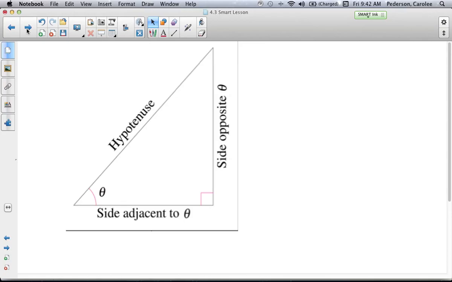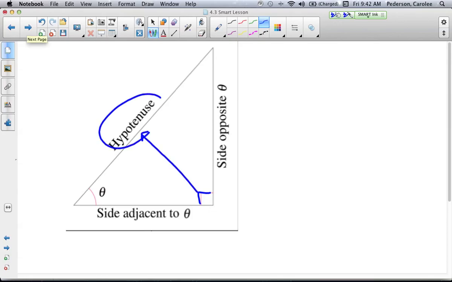The way that I remember the 3 sides is, here is my right angle, so the hypotenuse is always opposite the right angle, which is always the longest side in the triangle too. And then the next thing I remember is, here is my theta, the angle I'm working with. It is always opposite theta.